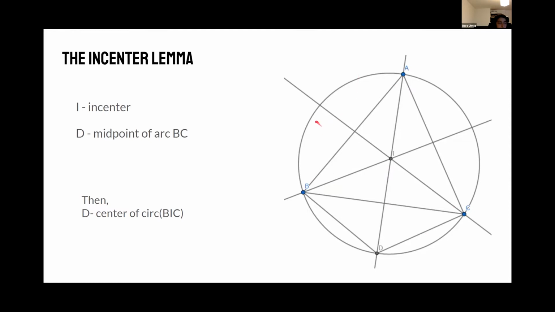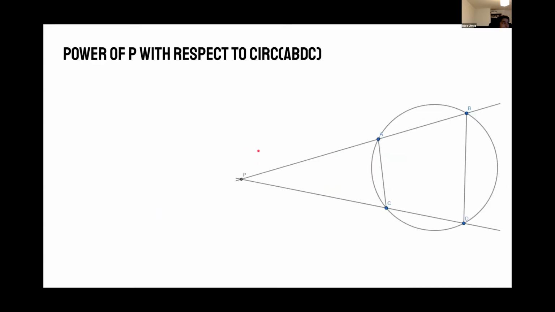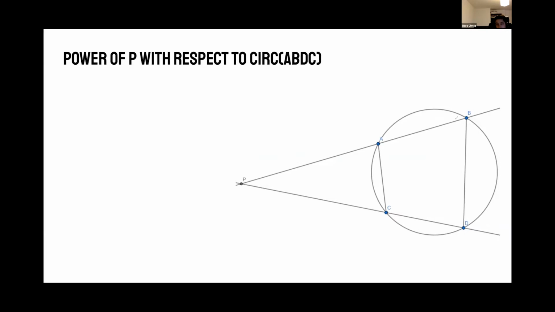Okay. So now I'll present the power of a point, which is another theorem we're going to use a lot in this problem. If we have P, A, B collinear and P, C, D collinear such that ABDC is cyclic, then we have, I'm not going to reveal the statement, some of you might know, but I'll lead up to it. If we call angle ABD beta, then this is of course 180 minus beta, as this quadrilateral is cyclic, and this is supplementary to angle ACD, therefore this is beta.